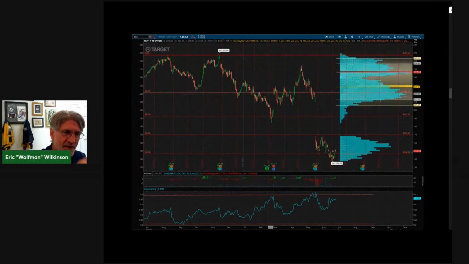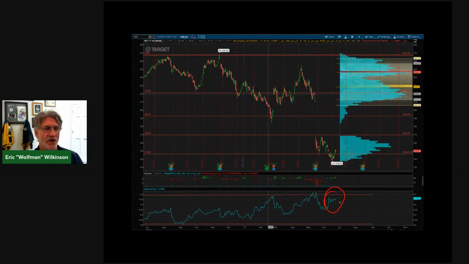So I look at this. I think I got my neutral market assumption. Next thing I want to do is look at what implied volatility is doing, because this is going to tell me that I am in the sell zone. So it doesn't matter what strategy I do necessarily based on my assumption.